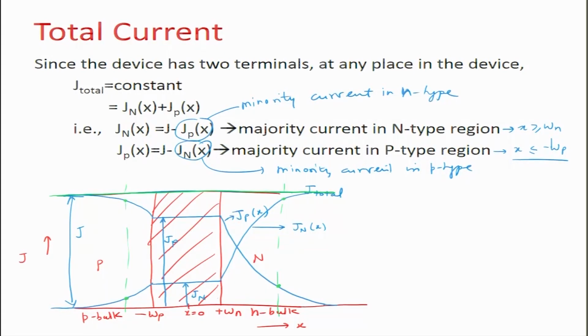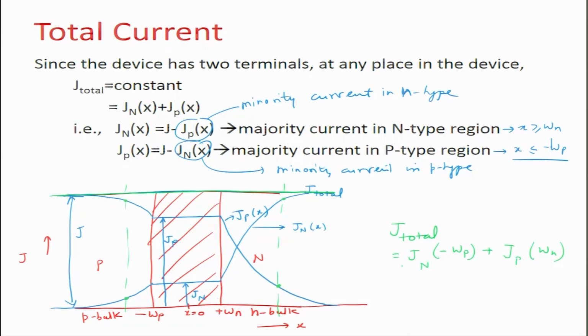Now, J total I can write. Since in these regions they are going to vary, but within this region they are going to stay constant, I can also write J total is nothing but Jn at minus Wp plus Jp at Wn. Is that a fair assumption?